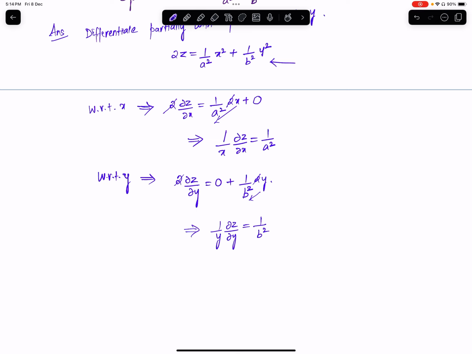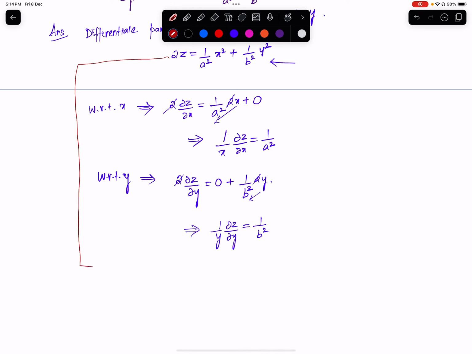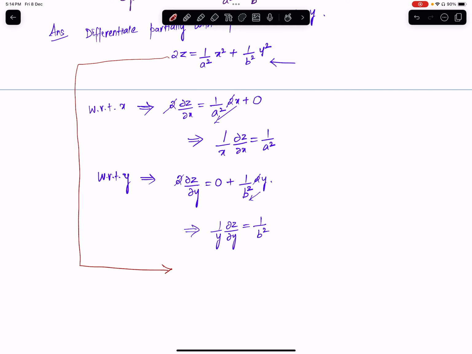The task is done. And what I do now, I take this equation. Now I have two equivalents for the arbitrary constants. So it is 2z equal to 1 by a square x square plus 1 by b square y square.